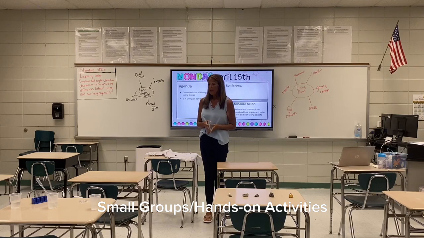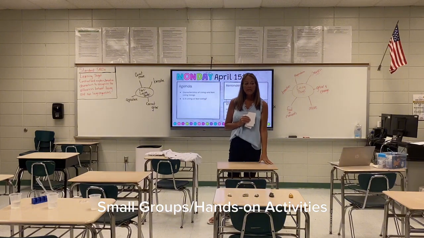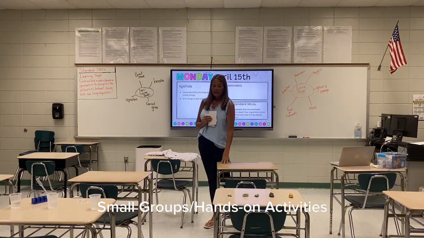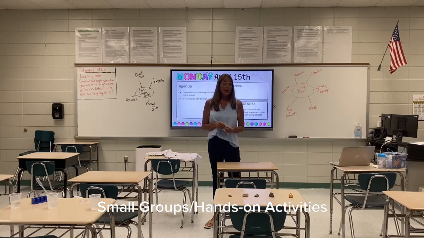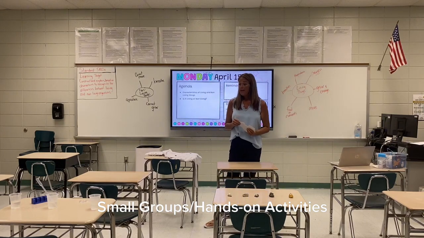What I want you to do is sort the living and the non-living. So you're going to put all of your living in one section, all of your non-living in one section. And we're going to walk around, Miss Gabby and I, and we're going to check to make sure that those are correct, okay?